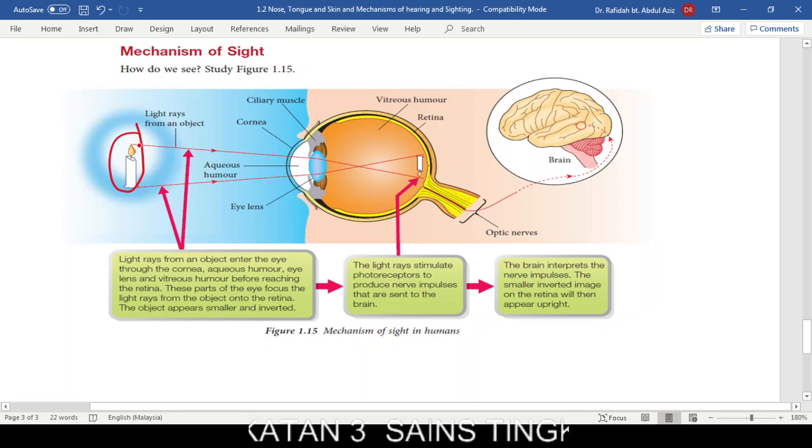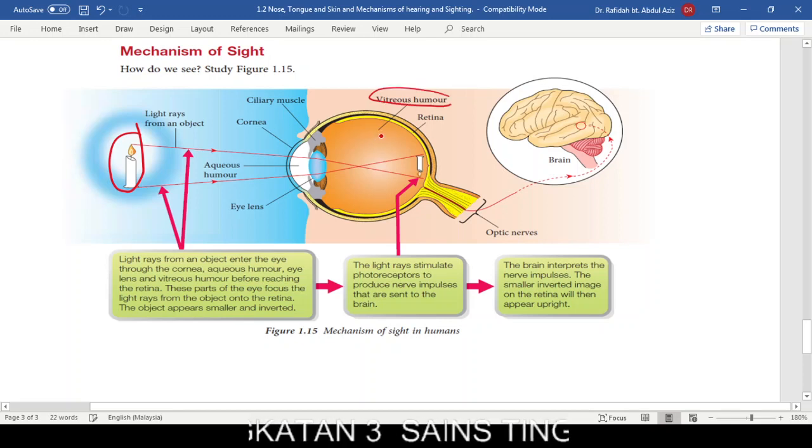These light rays will go into the eyes, and then reach the cornea, aqueous humor, pupil, and eye lens. At the eye lens, the light will be focused onto the retina through the vitreous humor.